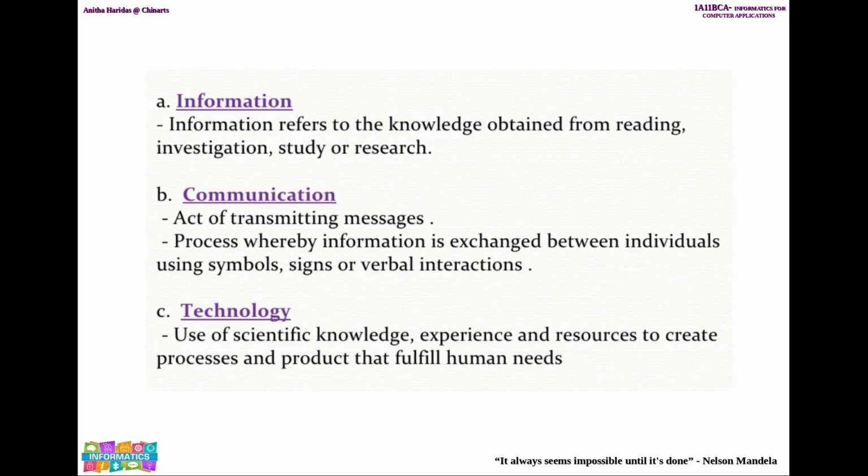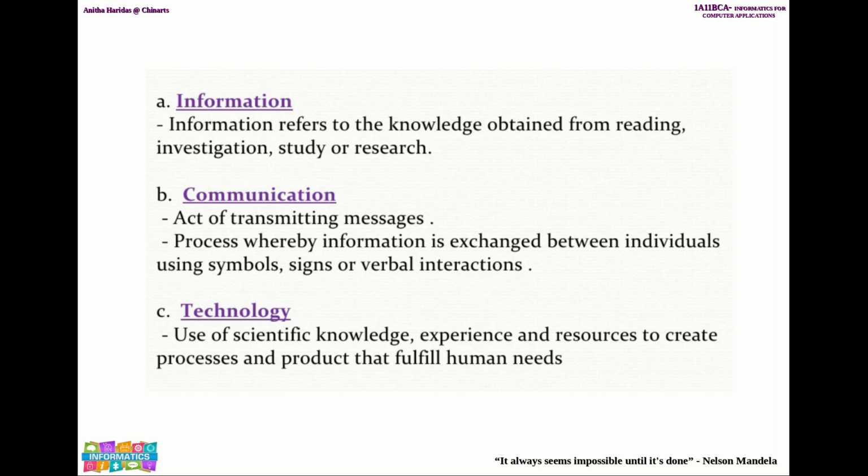So when you split these three words, what do you mean by information? Information refers to the knowledge obtained from reading, investigation, study, or research. Communication is nothing but transmitting messages, a process whereby information is exchanged between individuals using symbols, signs, or verbal interactions.